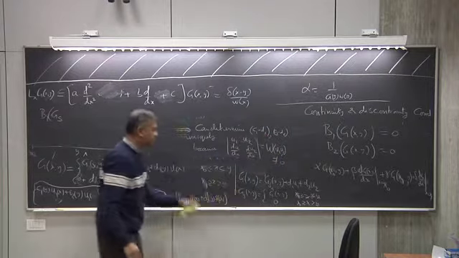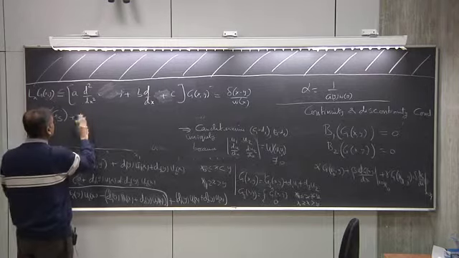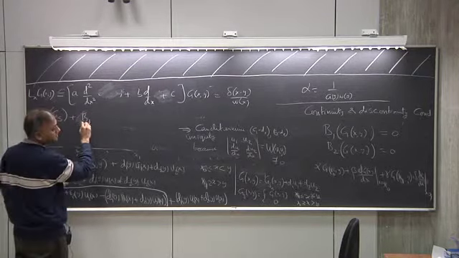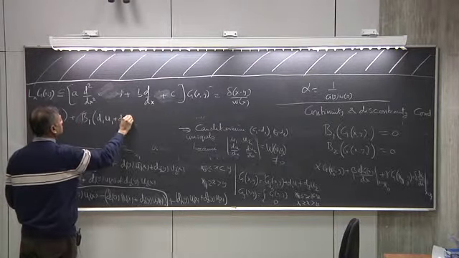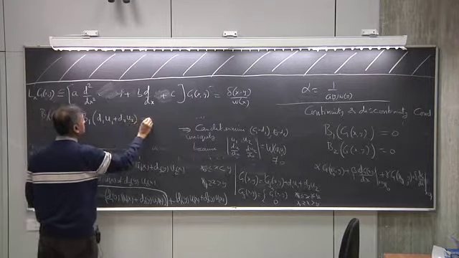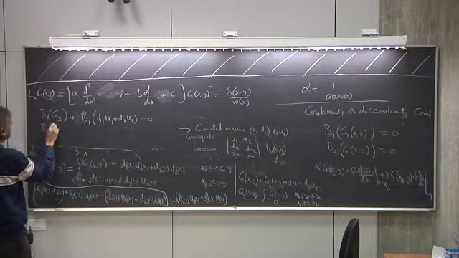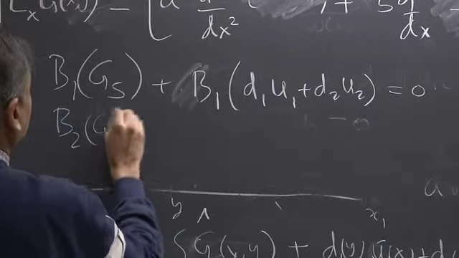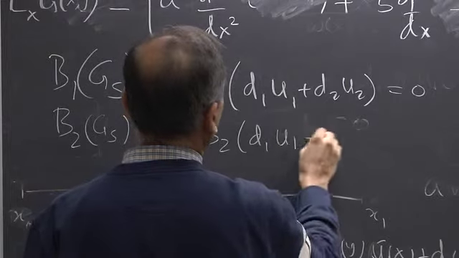So this is the definition of gs. Then B1 of gs plus B1 of d1 u1 plus d2 u2 is equal to 0, and similarly B2 of gs plus B2 of d1 u1 plus d2 u2.